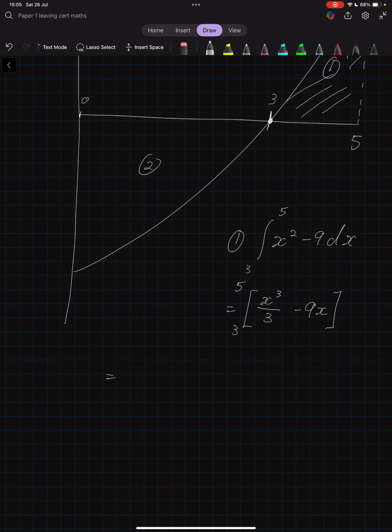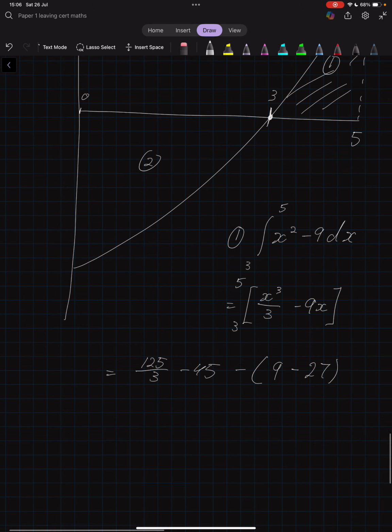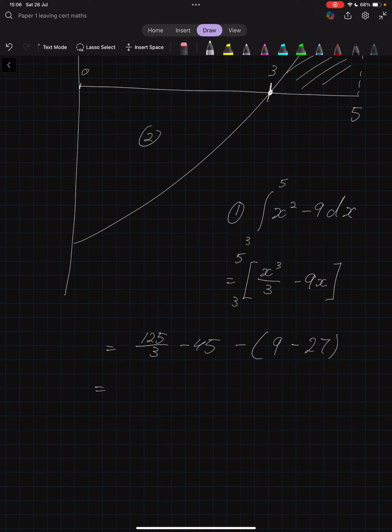So if I plug in 5, I'm going to get 125 over 3 minus 45, minus, if I plug in 3, I'm going to get 9 minus 27. So that's going to be 41 and 2/3 minus 45. This in here is going to be minus 18, and minus 18 is plus 18.